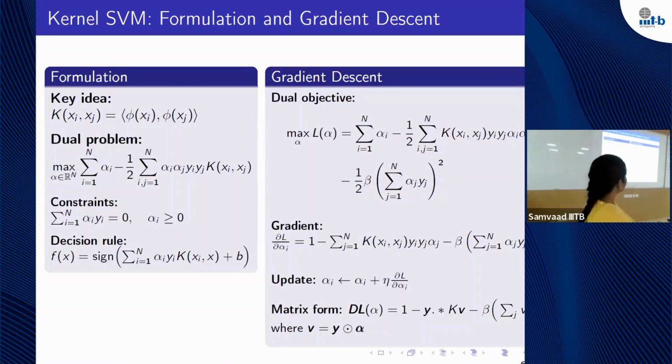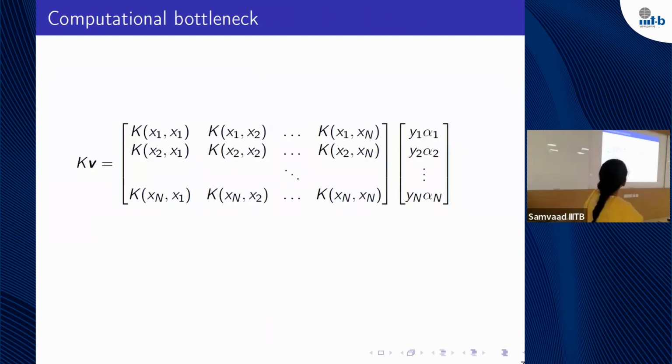So here dL of alpha represents the gradient of L with respect to alpha. And this is the vectorized form of this expression. So here y is a vector, K is a matrix, and v is a vector. What is K? K is nothing but a kernel matrix. So whatever kernel function we have assumed, let that be k, and I'm evaluating that function at x1 comma x1, x1 comma x2, and so on, x1 comma xn.